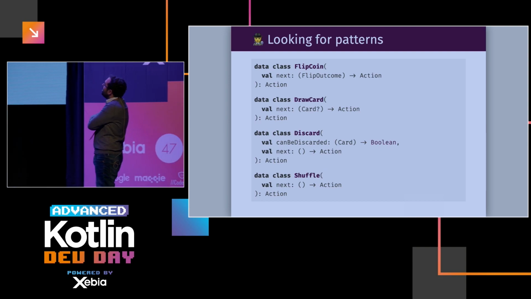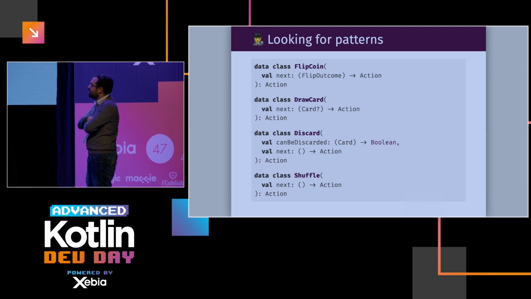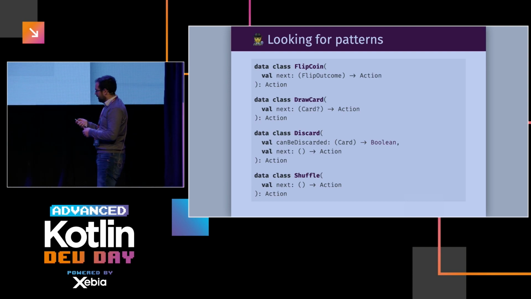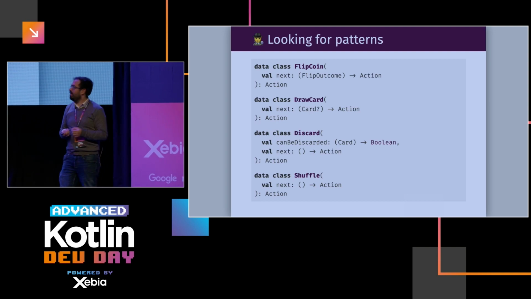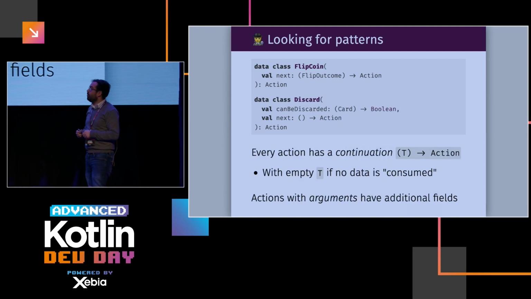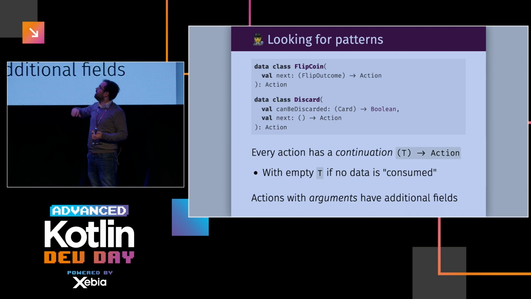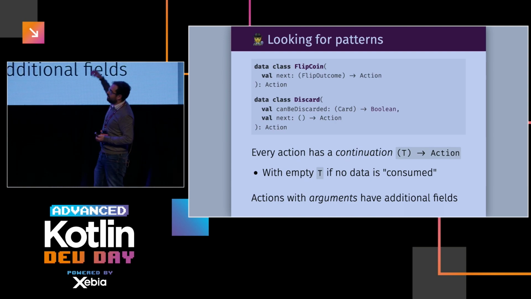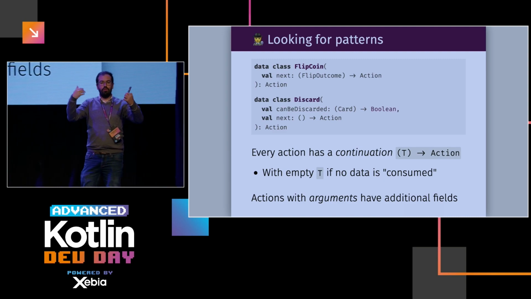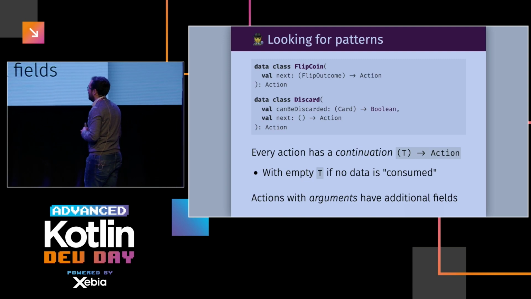So the idea now is to look for patterns, because I was telling you I'm describing kind of a pattern. So I was already pointing at this, but just to make everything crystal clear, what we have here is that every action ends with what we call a continuation, which is this function which tells us how to continue working with it, which is a function which recursively goes into action again.